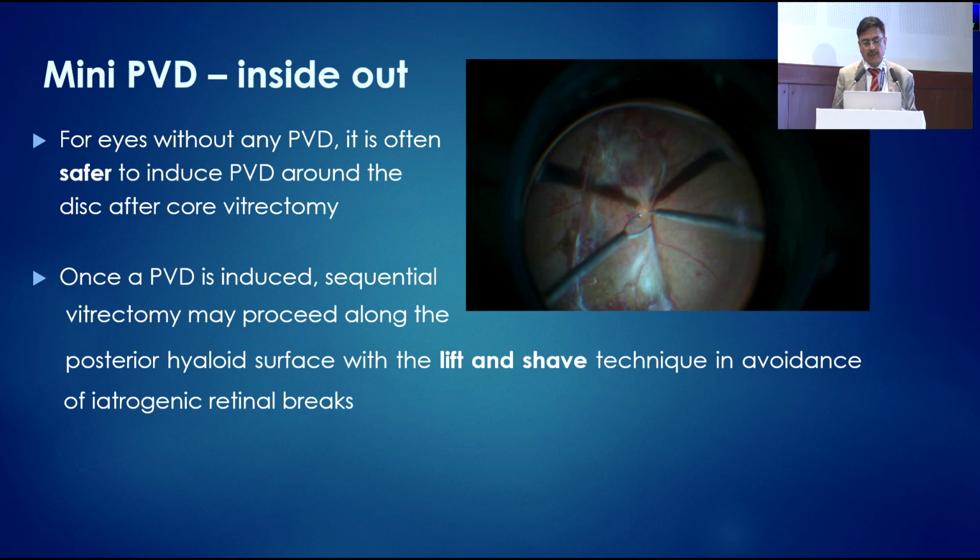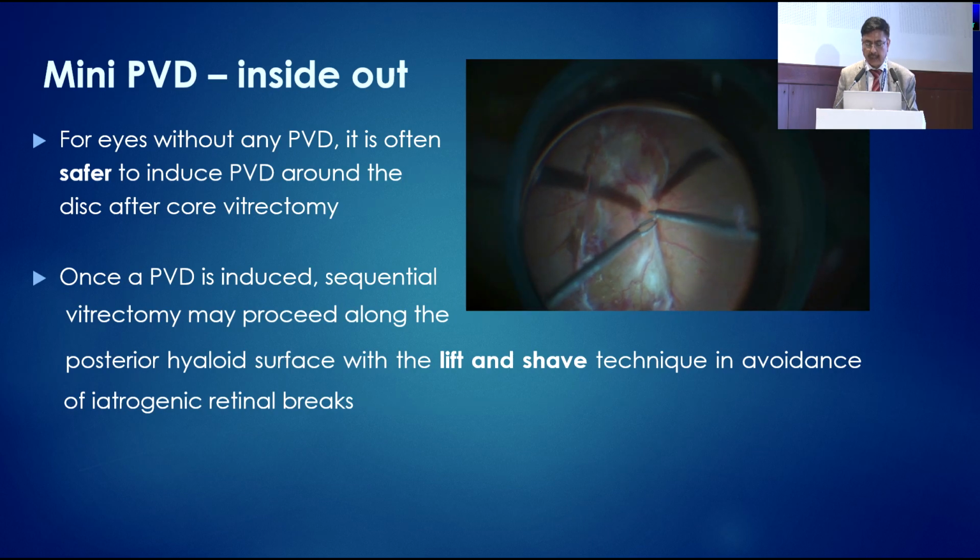Here is the inside-out method as it was being discussed, mini PVD as Sangeet calls it. You begin near the disc, create a PVD, and then you proceed along the planes. And sometimes you have to create an opening near the hyaloid, as you would see in the later film. So you begin near the disc, inside-out method.